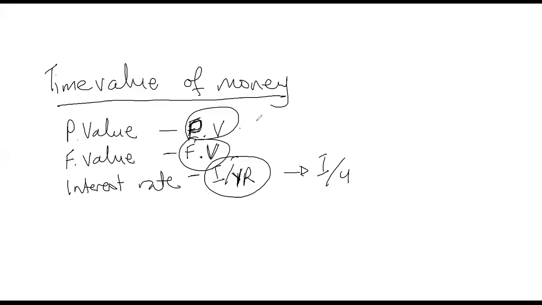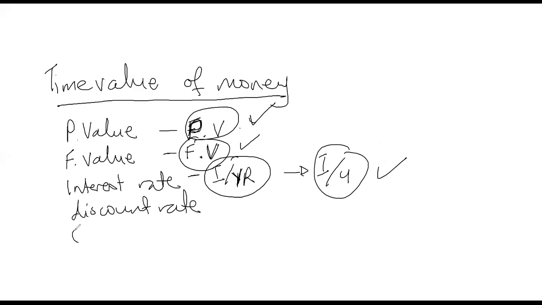Okay, so those first three items I said you should be comfortable with. You need to know what we mean by the present value, the future value, and also our interest rate. And I said our interest rate can also be called a discount rate, and it can also be called cost of capital. You might even have to calculate this sometimes, but it's a later study unit that we will look at.